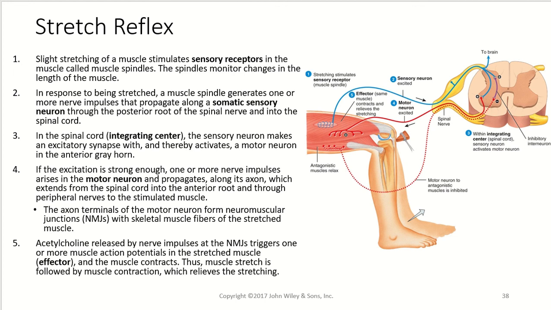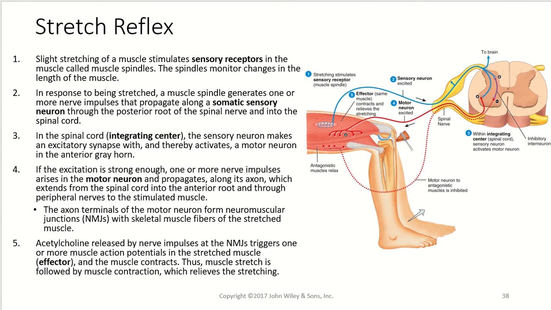So the second thing that's going to happen is that in response to being stretched, those muscle spindles are going to generate one or more nerve impulses that propagate along a somatic sensory neuron through the posterior root of the spinal nerve and into the spinal cord. So then the third thing that happens is in the spinal cord, or the integrating center, the sensory neuron is going to make an excitatory synapse with and thereby activate a motor neuron in the anterior gray horn.